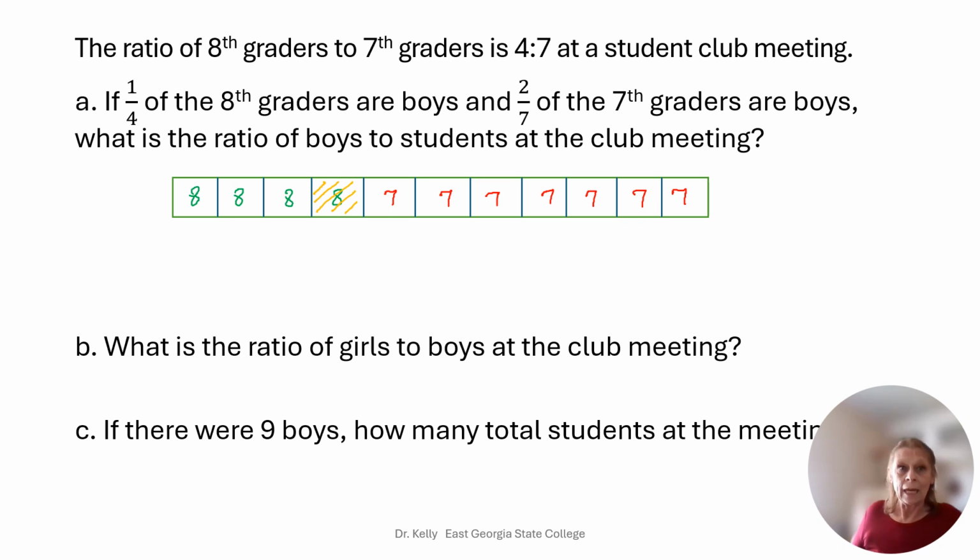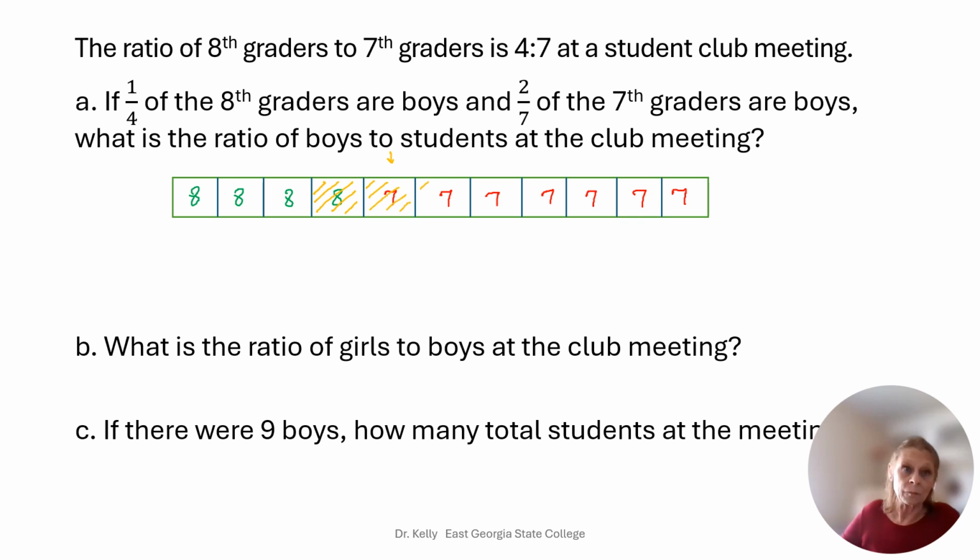Okay? And now when we turn to the 7th graders, it says 2 out of 7 of the 7th graders are boys. And we can put this together in either place. We could color them here, or we can start down here at the end. We could pick them up anywhere in the middle. I kind of like to meet them in the middle.